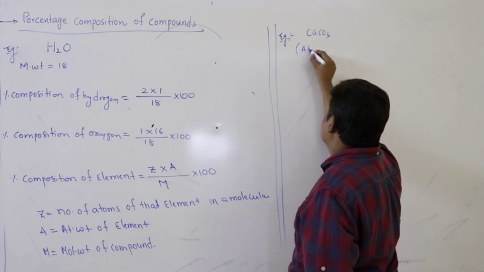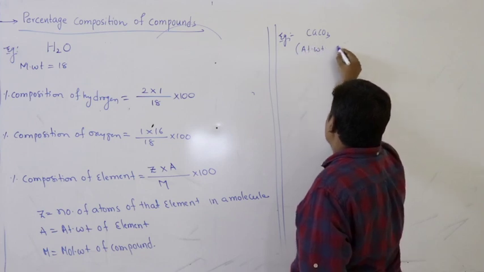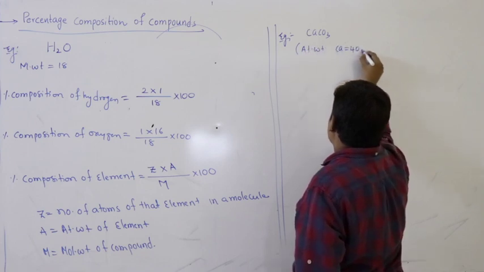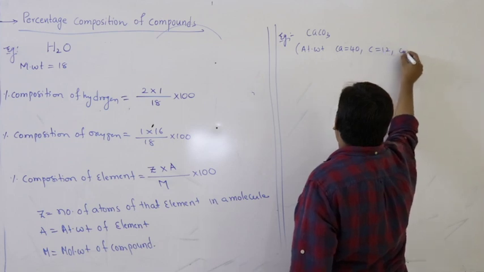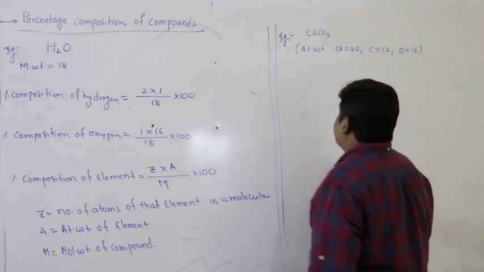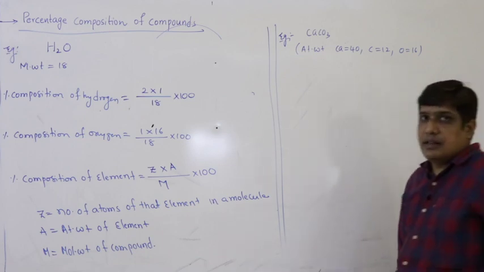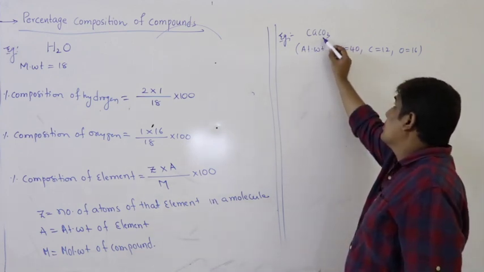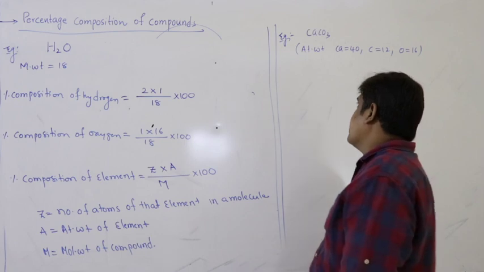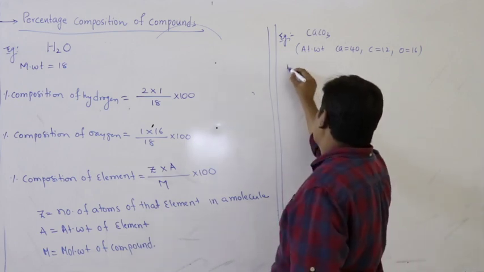So atomic weights are given. Calcium atomic weight 40, carbon 12, oxygen 16. So let us find the percentage composition of each element. How many different elements? Calcium, carbon, oxygen. Right. First find molecular weight.